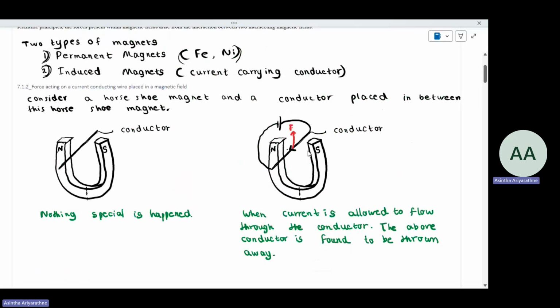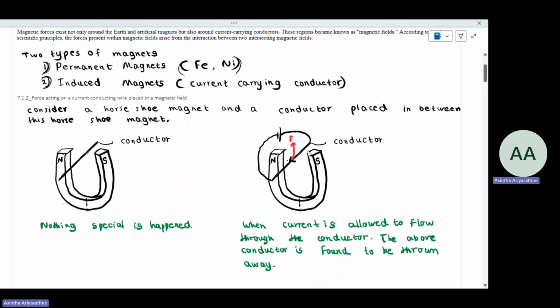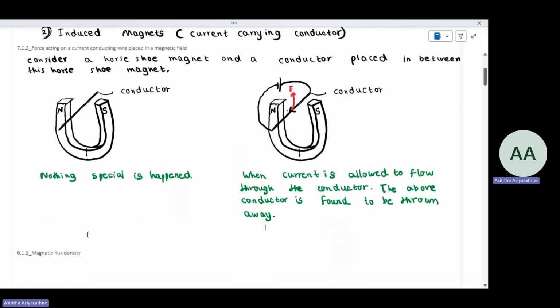Why? Because in order to start the motion of some object, from mechanics we know a force should be applied. So the final conclusion is that a force should be induced on this conductor.